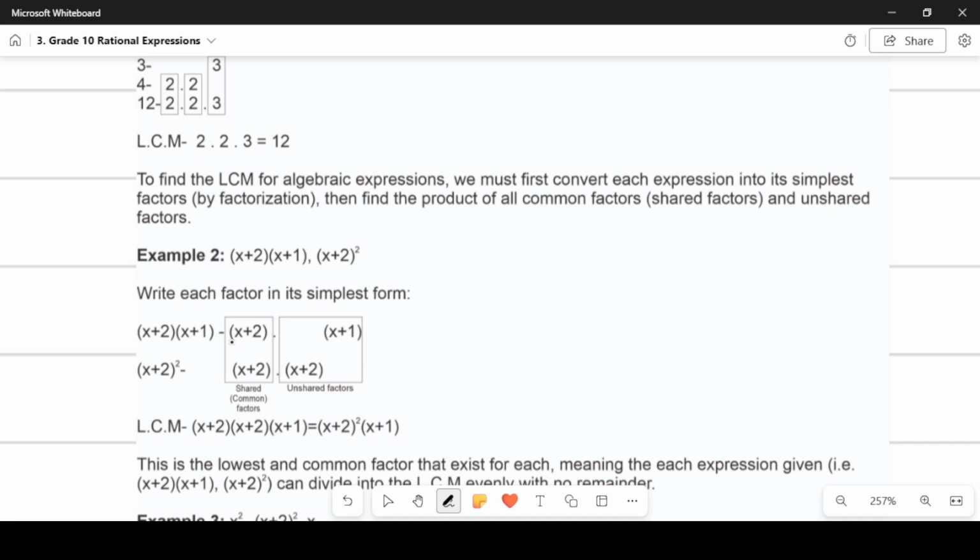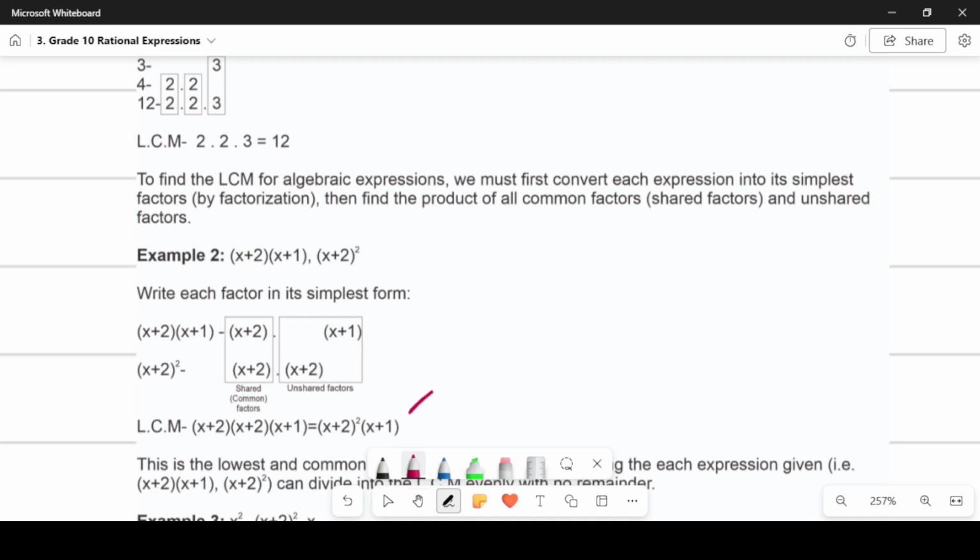See, x plus 2 is common to at least 2 of these, so it forms part of our shared. The other x plus 2 has no other pair here, so it'll be unshared. And this x plus 1 has no other pair, so it'll be unshared. So then we multiply our shared by our unshared. So it'll be 1 of this x plus 2 multiplied by the x plus 2 and the x plus 1.